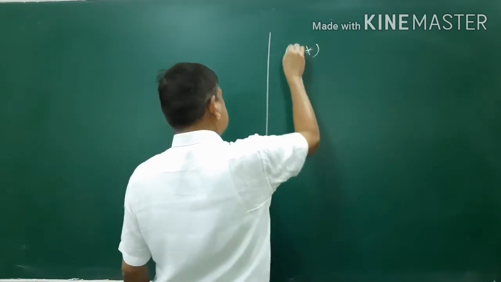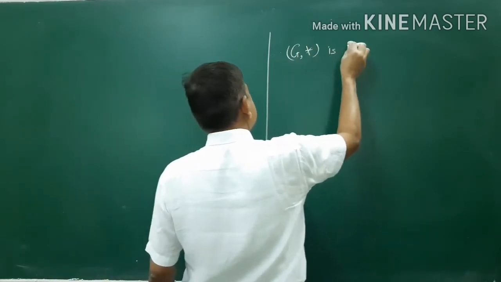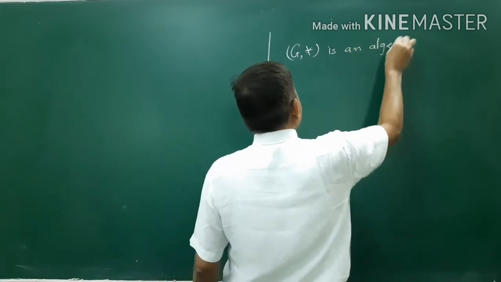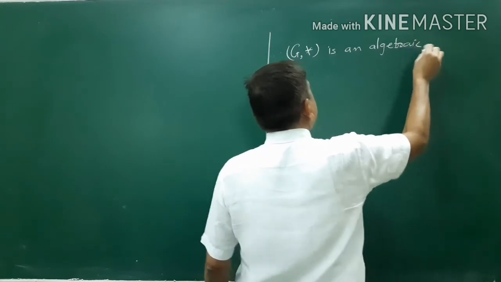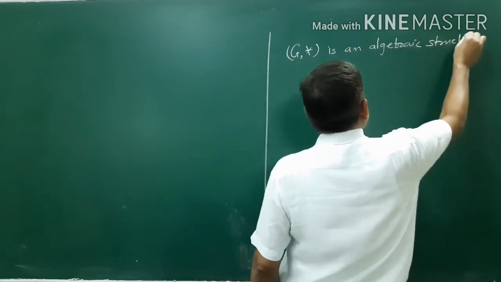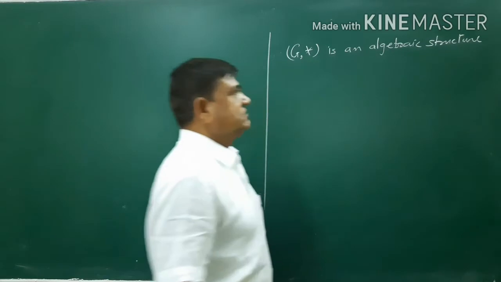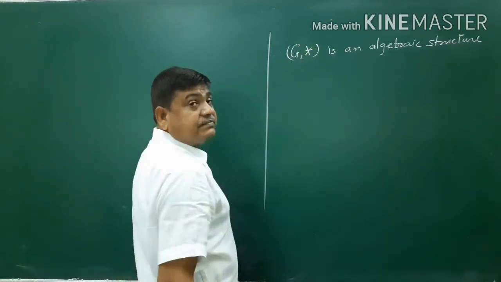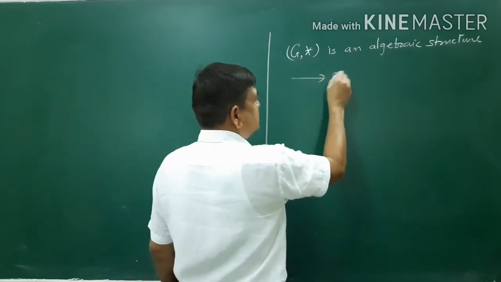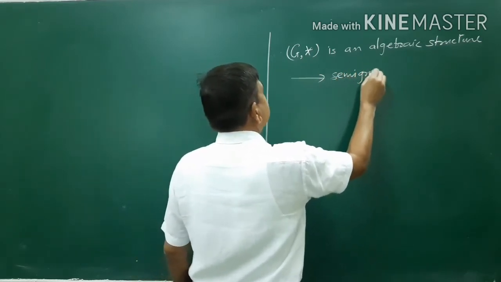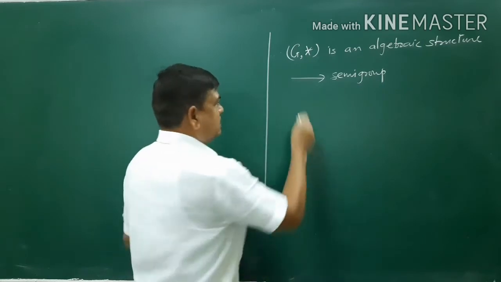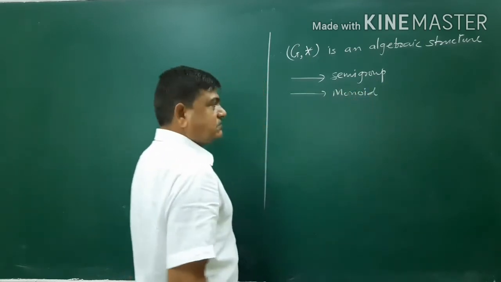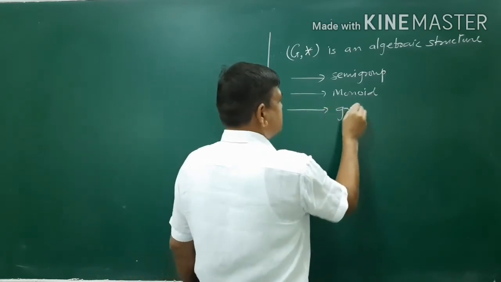G is an algebraic structure, a single binary composition, remember. This is a semigroup. This is a monoid. This is a group.